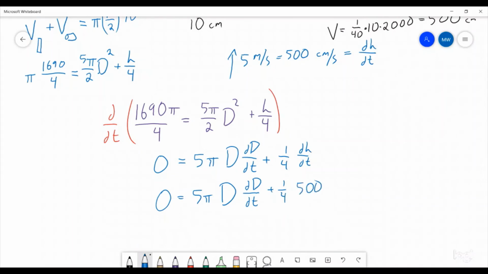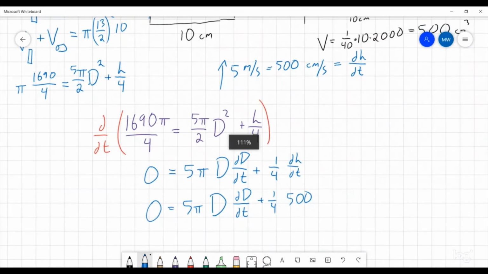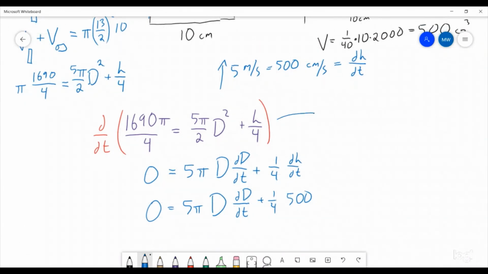Okay, that means all we need to know now is what's the diameter at the specific time we care about. And to do that, we go up to our original equation, which we actually just wrote right here. So we also can solve for what D is.